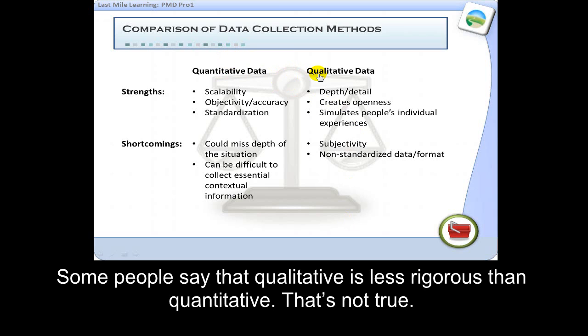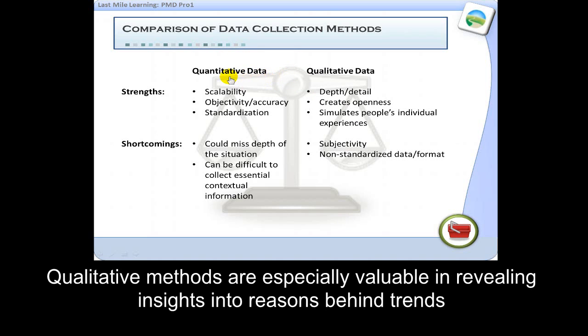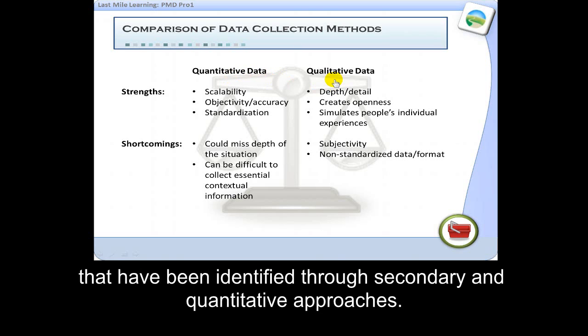Now, some people say that qualitative is less rigorous than quantitative. That's really not true. Qualitative methods are especially valuable in revealing insights into reasons behind trends that have been identified through secondary and quantitative approaches.